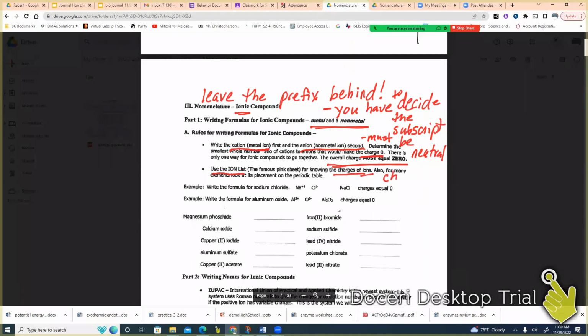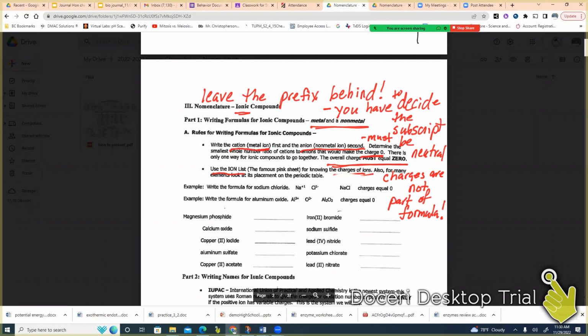The charges are not part of the formula. So you kind of have to work with the charges, but then when you put them together to form the formula, they should not be hovering around somewhere. So like here I have NaCl. I shouldn't have a +1, a -1. That makes it incorrect. That is not part of the formula.